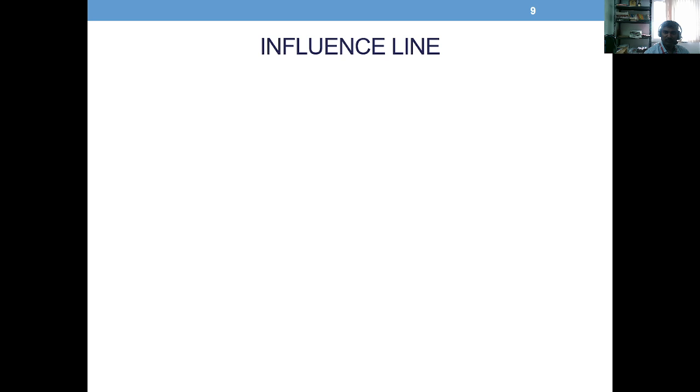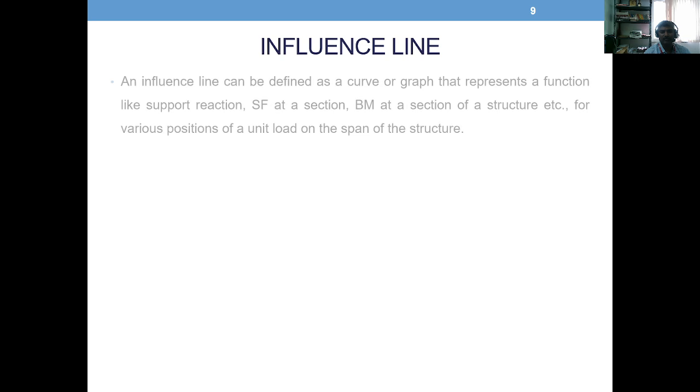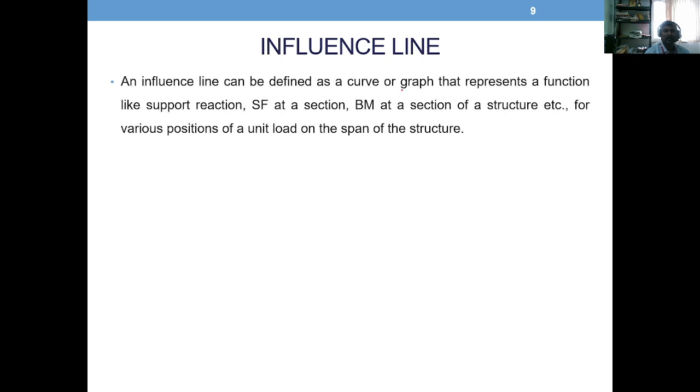Today we'll talk about the definition for influence line diagram. Let us see here. The influence line diagram is nothing but a graph that represents a function, meaning reaction, shear force or bending moment.